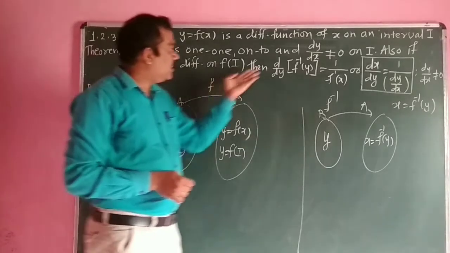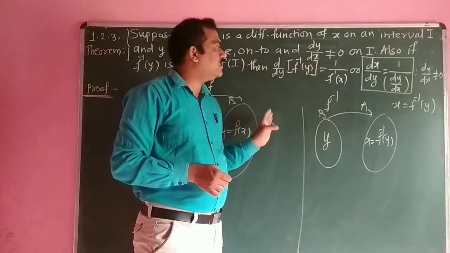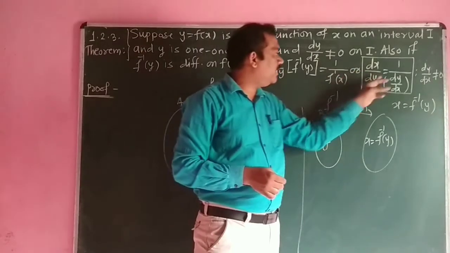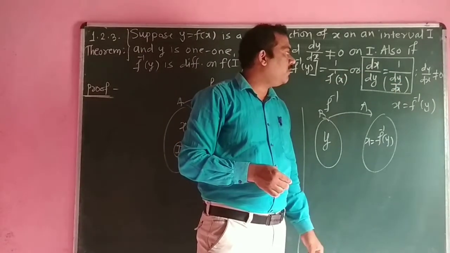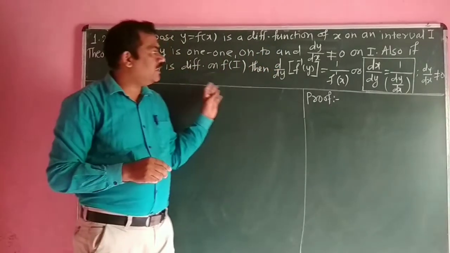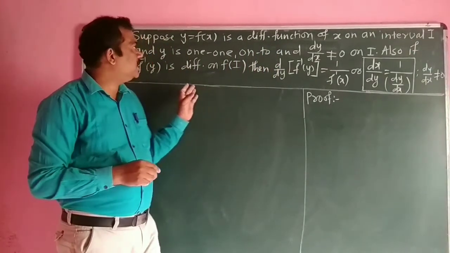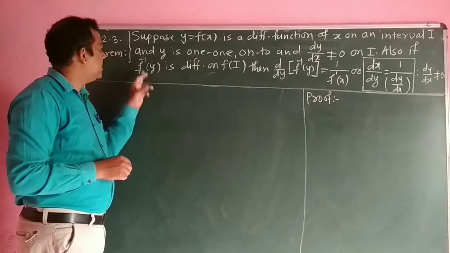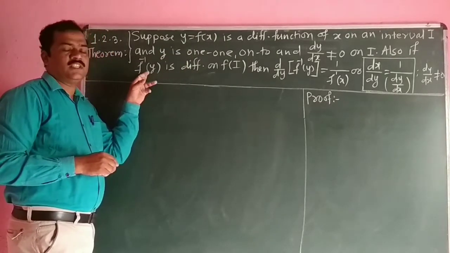Okay, then d by dy of f inverse of y is equal to 1 upon f dash of x. In another way we can write that dx by dy is equal to 1 upon dy by dx, with dy by dx not equal to 0. To start the actual proof of this theorem, what is given? y is equal to f of x is a differentiable function of x, and f inverse of y is differentiable.